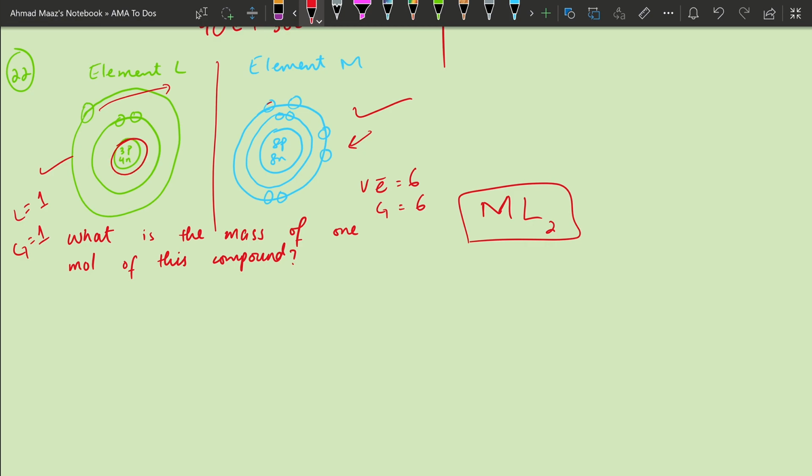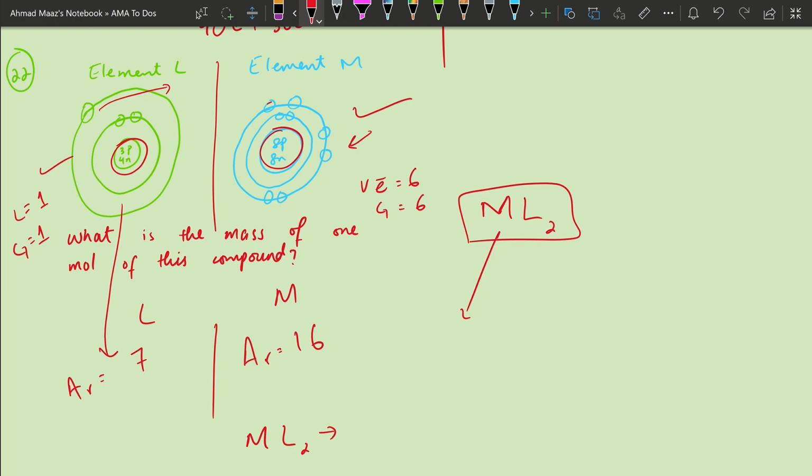Their nucleons are given. 3 plus 4 is 7 nucleons. That means the AR is 7 for L, and AR will be 8 plus 8 is 16 for element M. Alright, now we have ML2.